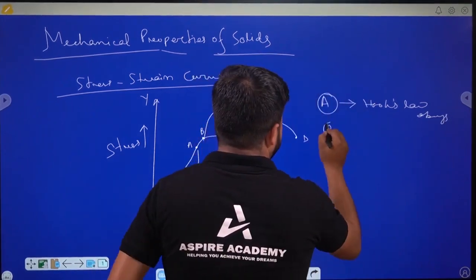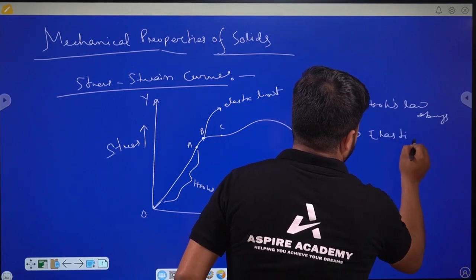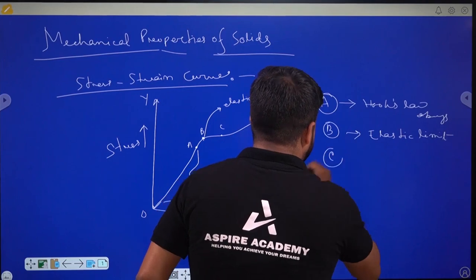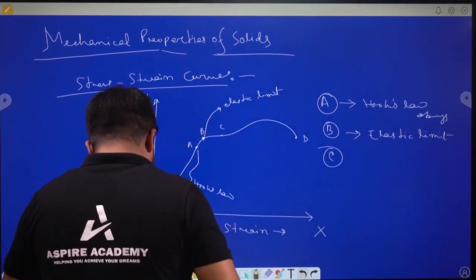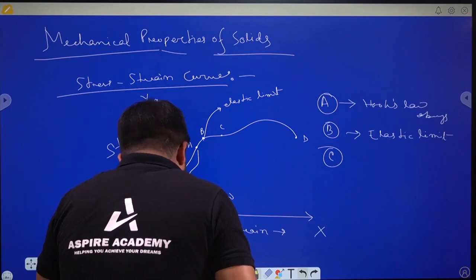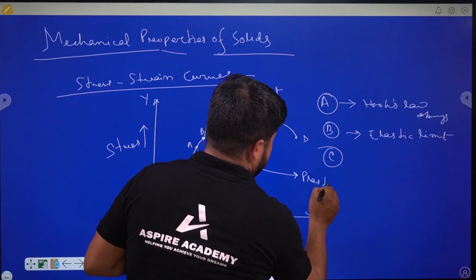At point B, we get the elastic limit. At point C, we get plastic behavior.